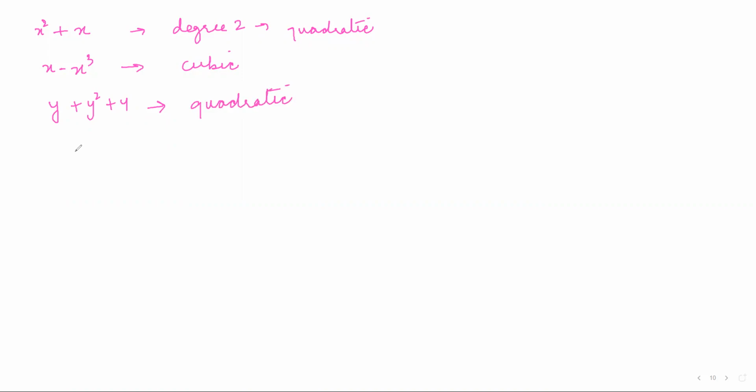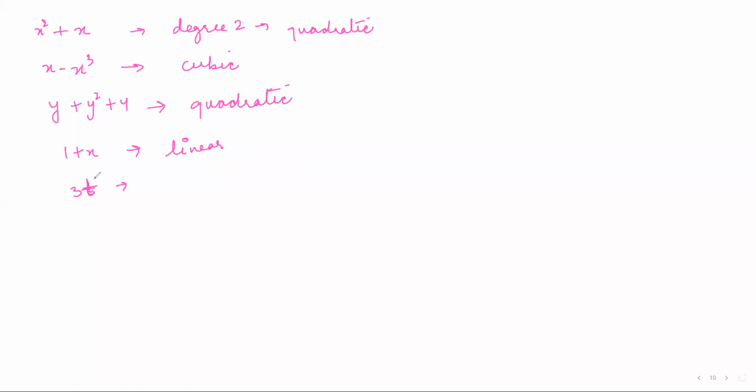Right. Then you have 1 plus x. What is it? Linear. Linear. Only 1 degree. Then 3t. What about this? Degree 1, right? t is the variable this time.